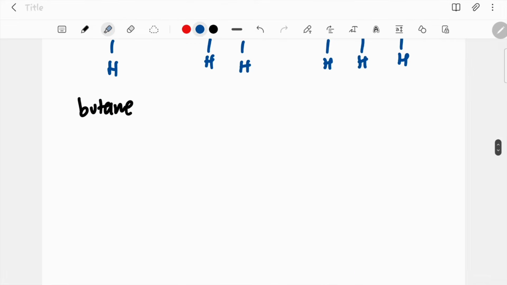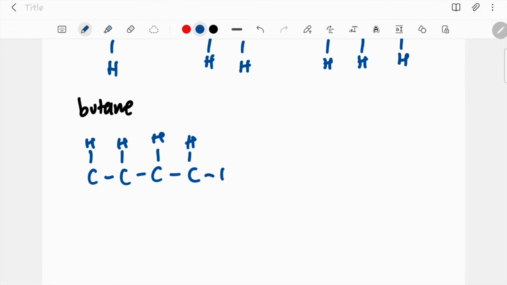So how do I draw butane? Start off with the carbons: 1 carbon, 2 carbon, 3 carbon, 4 carbon. Surround it by hydrogens. And we've surrounded it by hydrogens.